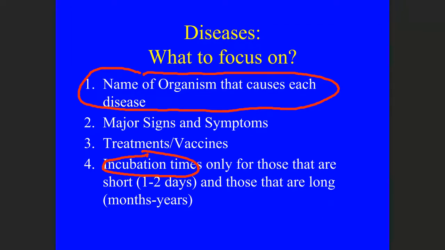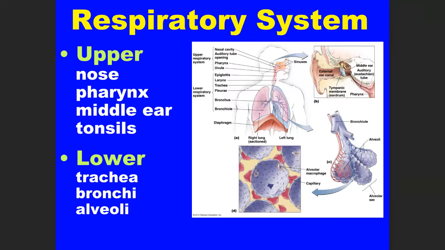Right now, let's go ahead and get started with respiratory diseases. One of the things I will do as I go through these different diseases of different body systems is take a really brief overview of the different components of these body systems. It's not going to be in any detail like you would get in your anatomy class.